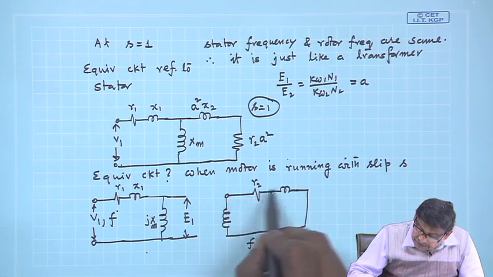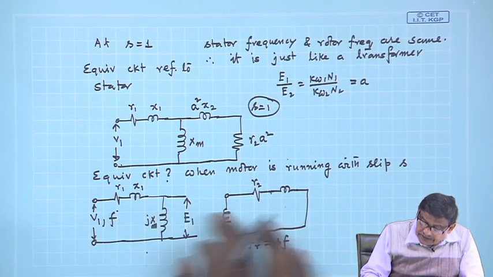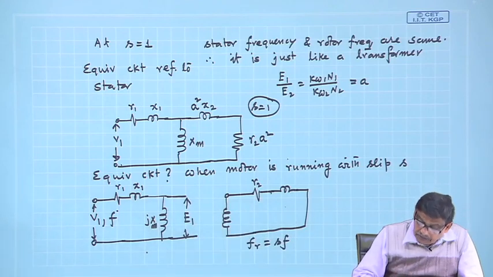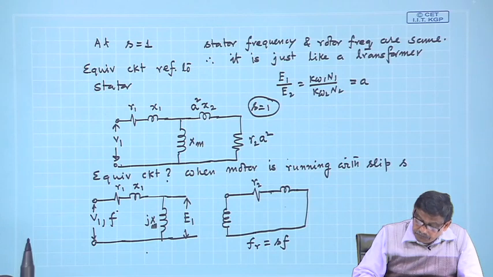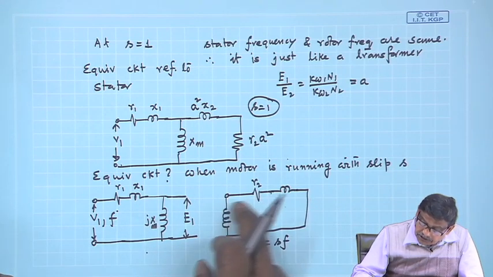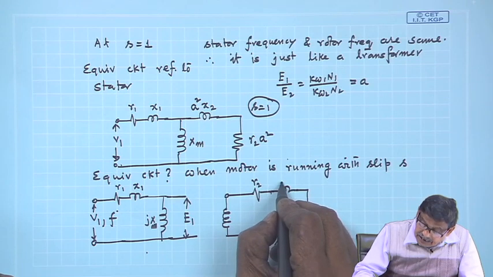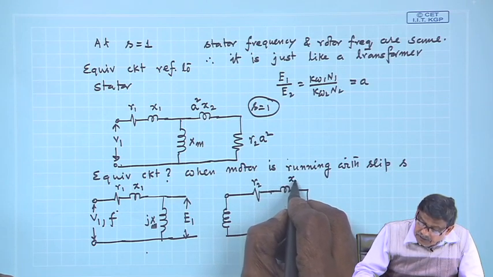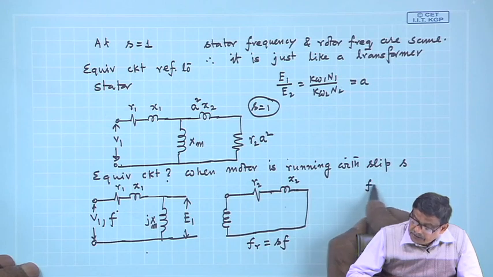Now, in this circuit, the frequency of primary and secondary coil are different, that is one thing. And second, another modification I have to do, because the rotor current or voltage frequency is SF, this reactance X 2 was at 50 hertz. Therefore, what will be its reactance at SF hertz?